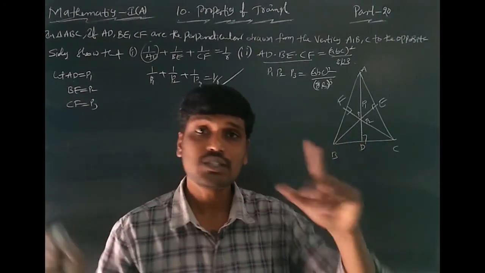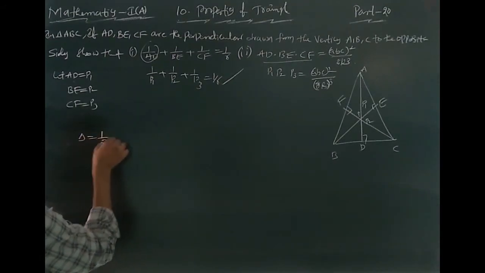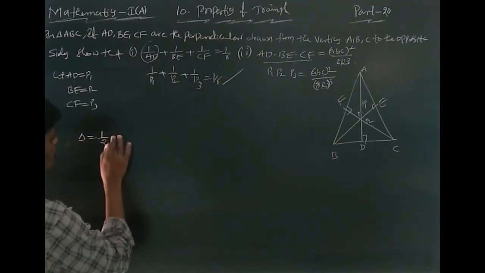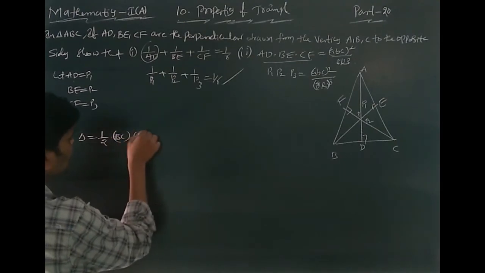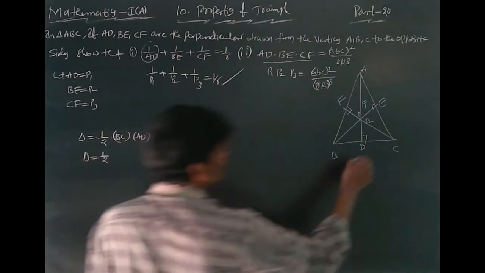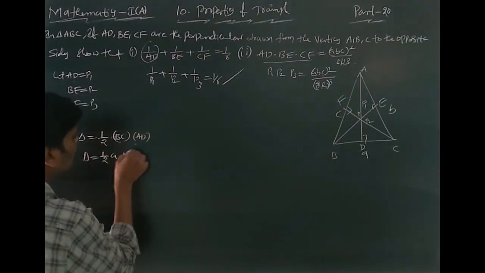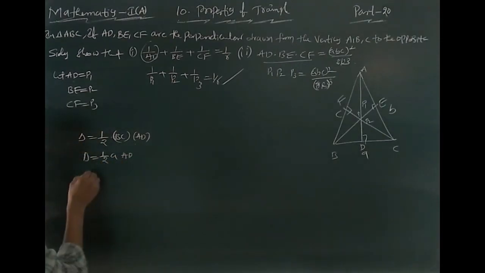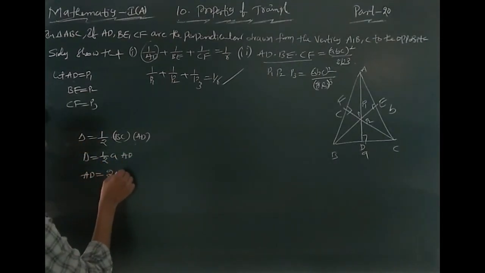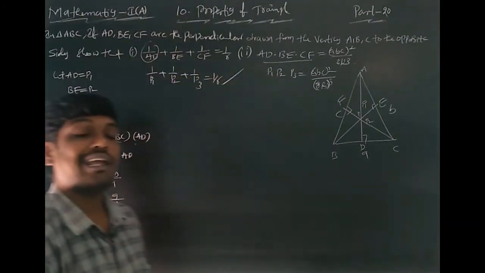Understood or not? What is the value of P1? Here delta is equal to half into BC into AD. Here BC value is A, this is B, this is C. Here AD value is P1. That's why you can write AD equal to 2 delta by A, 1 by AD equal to A by 2 delta. This you can write as 1 by P1 in the last problem.